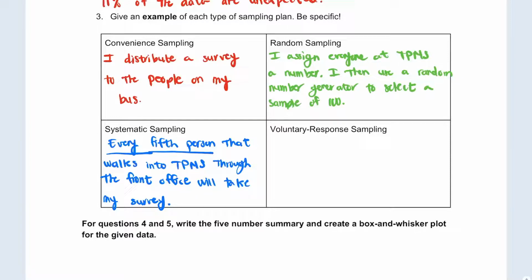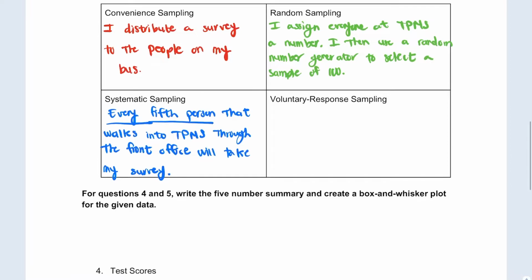Something like that. So, you know, this random number generator, the probability of choosing every single person at TPMS is equal, right? The probability of being selected is equal across every single person at TPMS. That is the important part of random sampling.